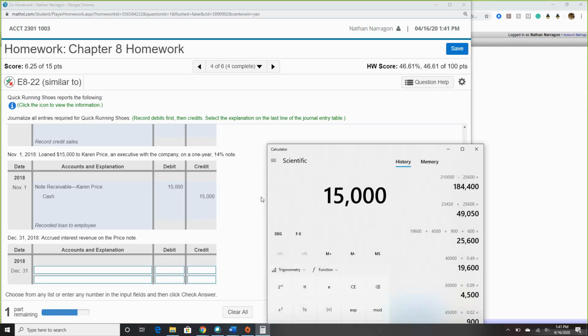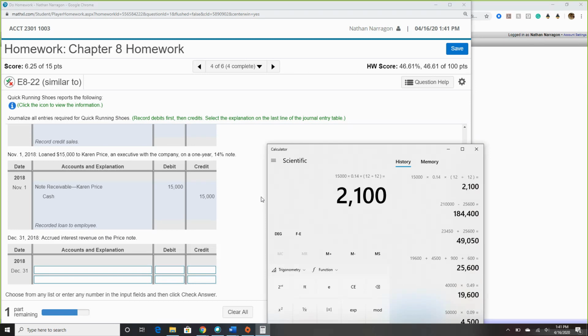So again, it's going to be a different number. Then we multiply it by the interest rate, 0.14. And then we multiply it by the fraction of the year. Okay? Now, since this is basically 1 year, it will be basically times 1. But I want y'all to still get used to putting it into fractions of a year. Okay? So 12 divided by 12. So our interest is 2,100.